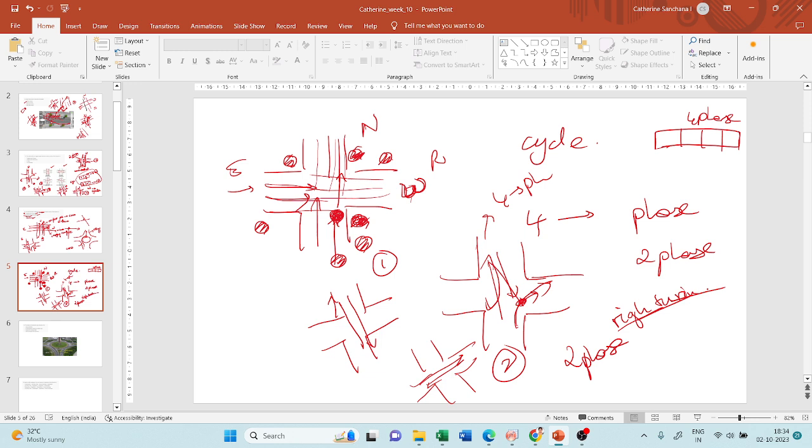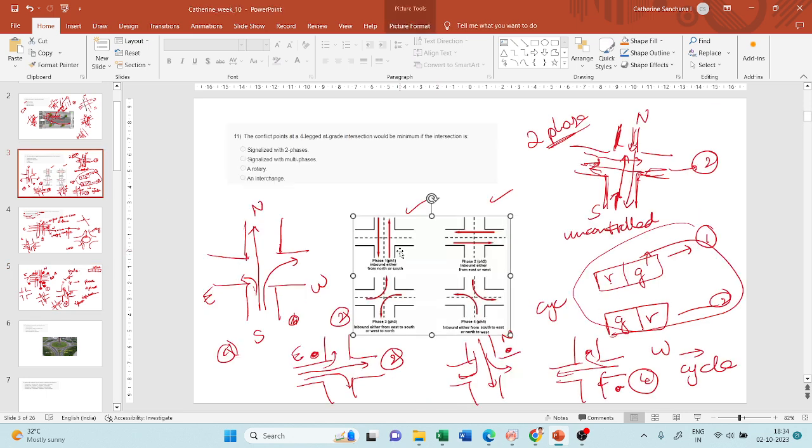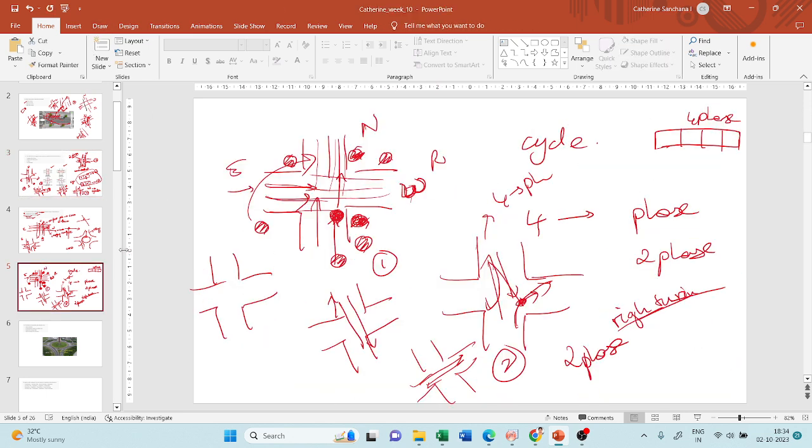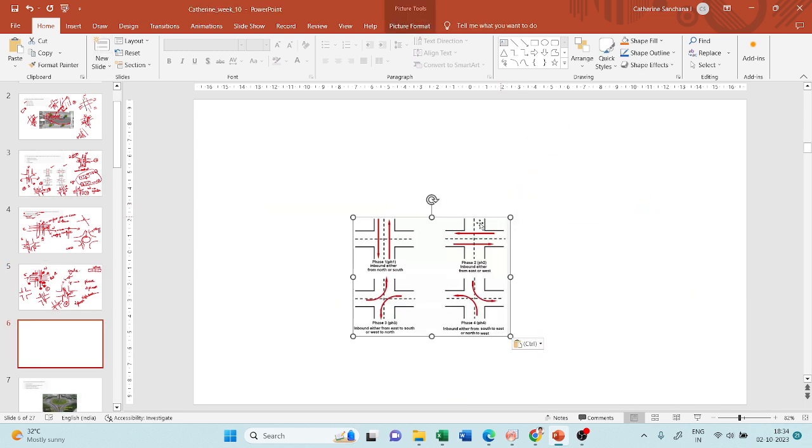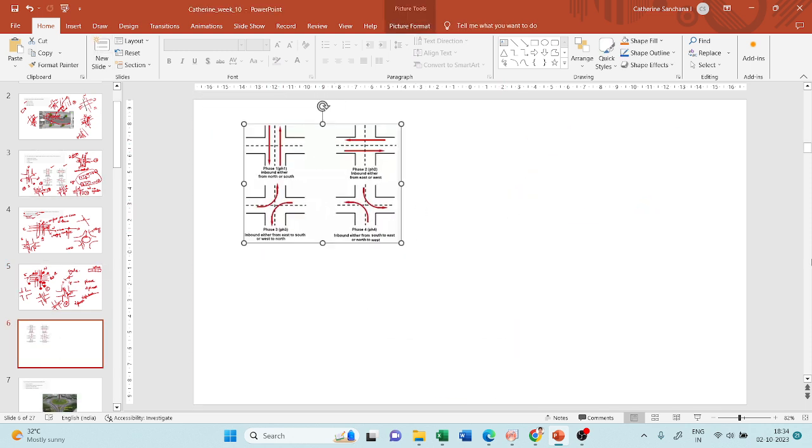What if it has right turning traffic, and what if it has only two phases? In such cases, you will have conflict points compared to a four-phase signal, right? In a four-phase signal, you're allowing traffic only in one direction at a time. Even this is a different kind of four-phase signal, where first you allow vehicles in the opposite directions to come, second the east-west direction, then you provide movement exclusively to turning traffic.